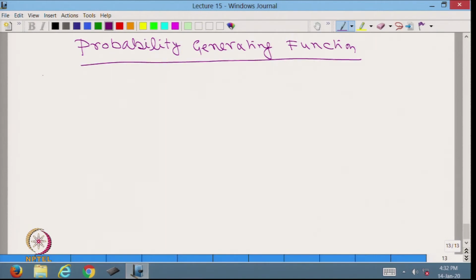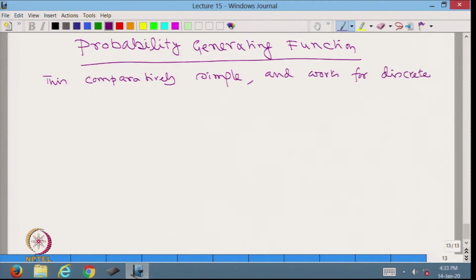This is comparatively simple and works for discrete integer valued random variables.